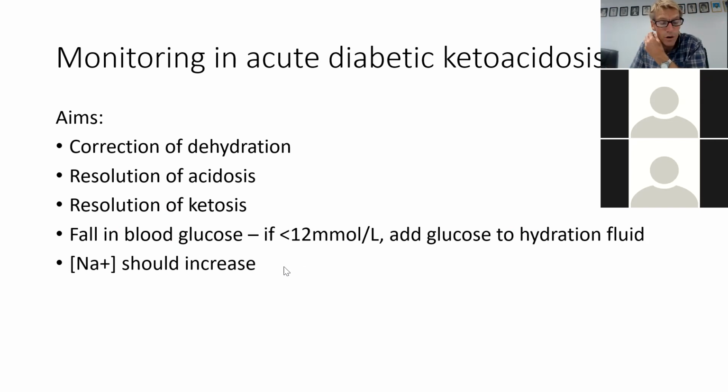Over the time of correcting this child's dehydration, their sodium level should increase. Remember, his sodium came in at 128 when he started, but it should increase to a high normal level, about 145.